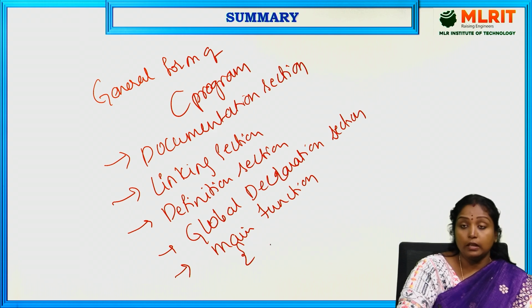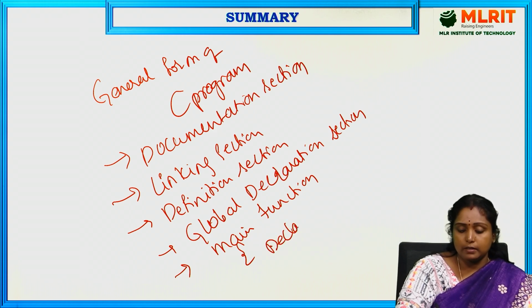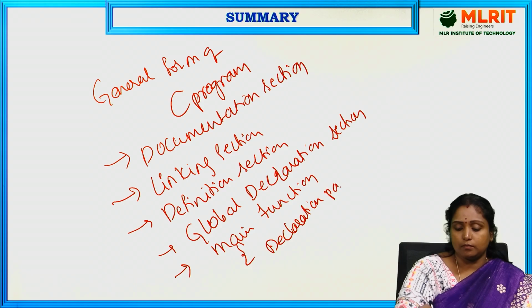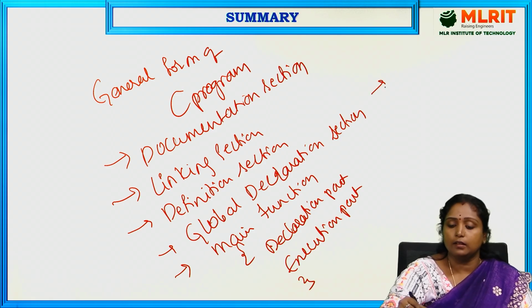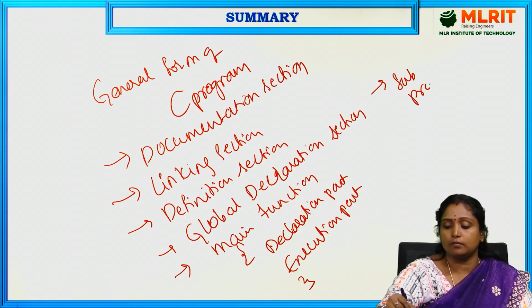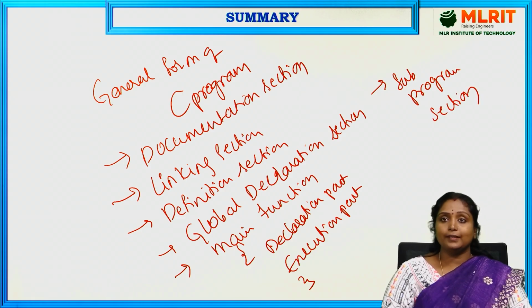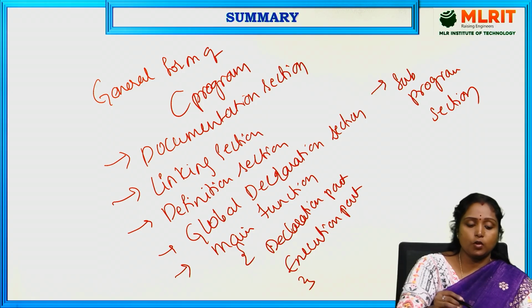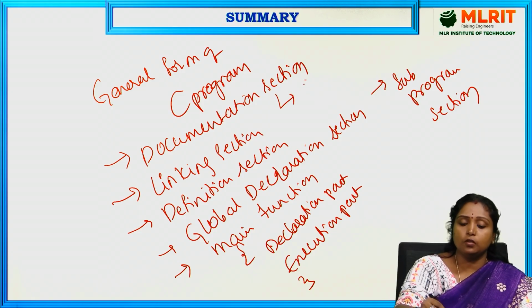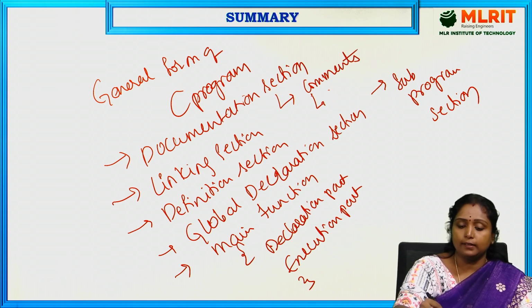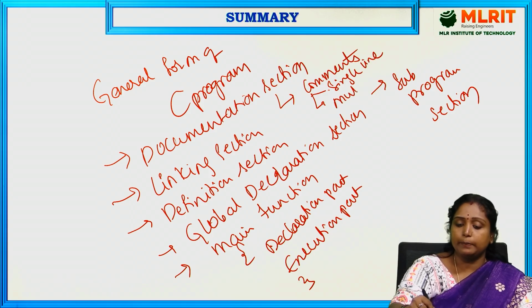In the main function, you will have the declaration part and the execution part. And next is the subprogram section. So in summary, the documentation section is used to have comments. How many types of comments are there? Two. One is single line, one is multiple line comments.